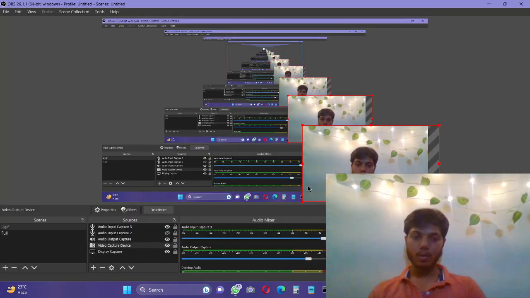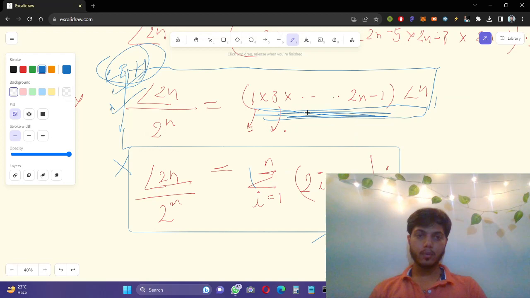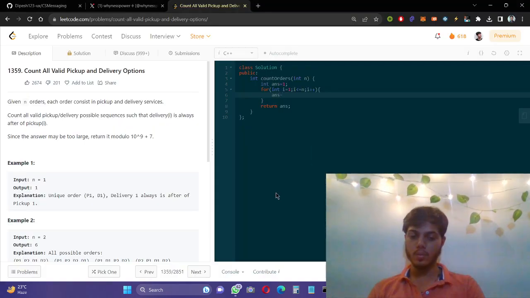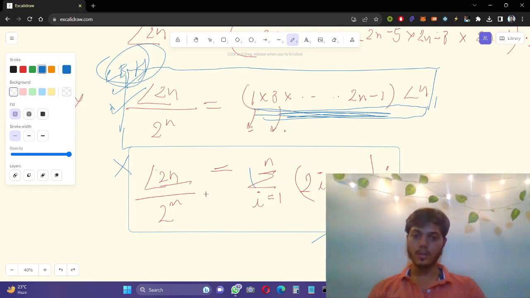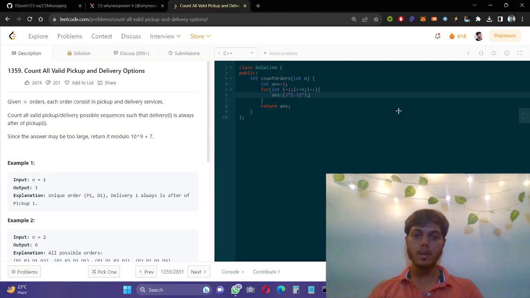Answer equals to, every time, 2i minus 1 into i. So let's do it as 2 into i minus 1 into i, right? This is the answer, and because all of these are in multiplication or as a product, I have to store this in my answer, correct?